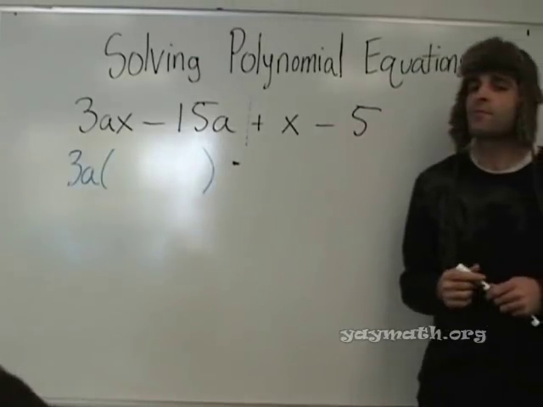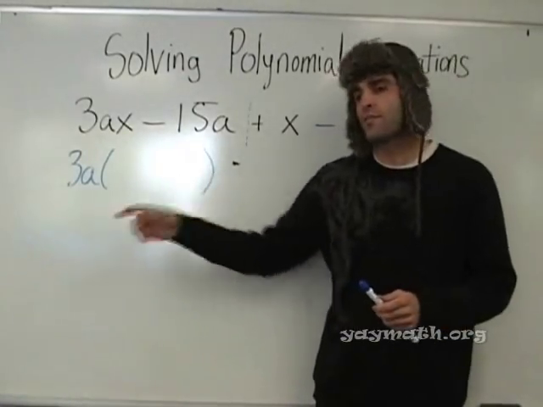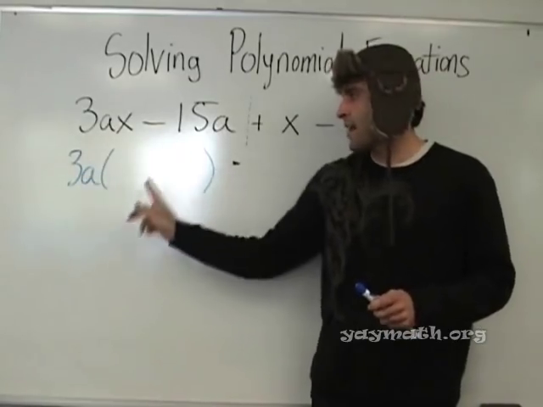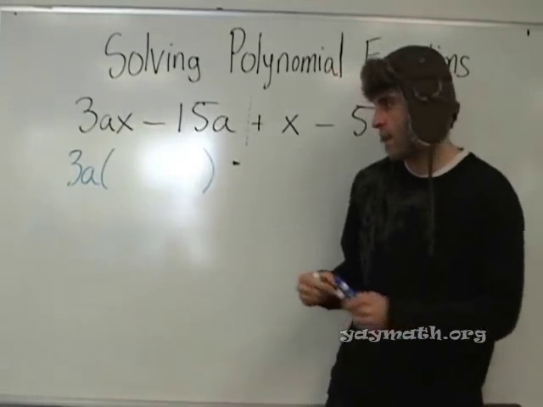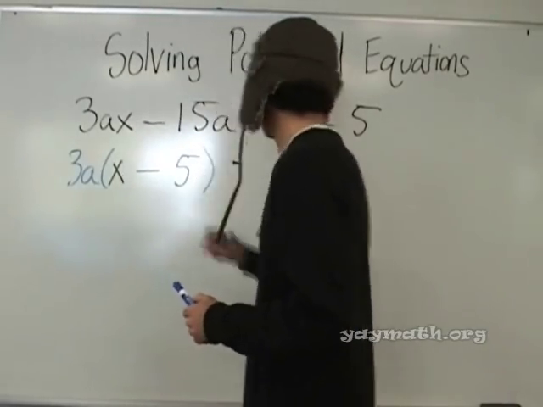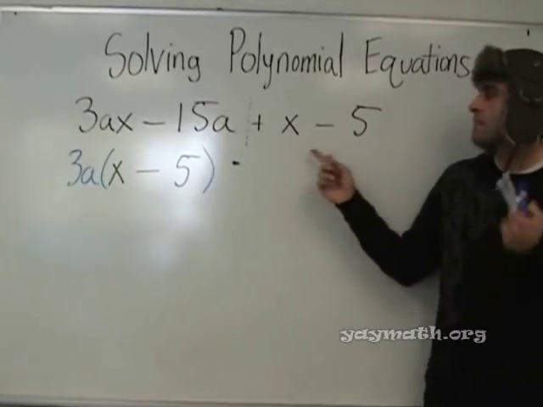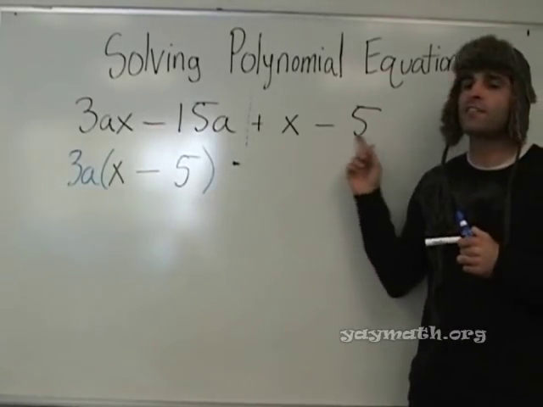So 3A is what's called factored out, and basically undistribute is the way I call it. So 3A times what is 3AX? X, very nice. Minus 5. Brilliant. And now, is there a greatest common factor here?